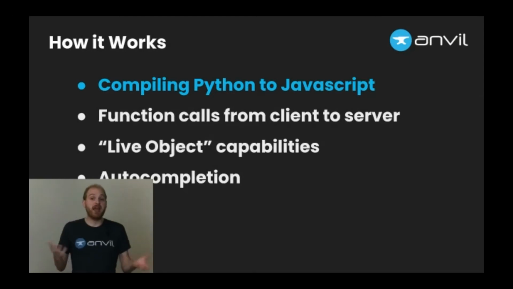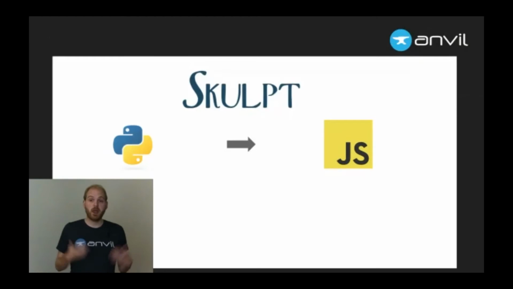because if we're running Python everywhere in a web application, including on the client side, then how that works is a pretty vital part. And the way we do this is we compile it to JavaScript, because a browser only understands JavaScript, and we want to write Python, so something's got to do the translation.